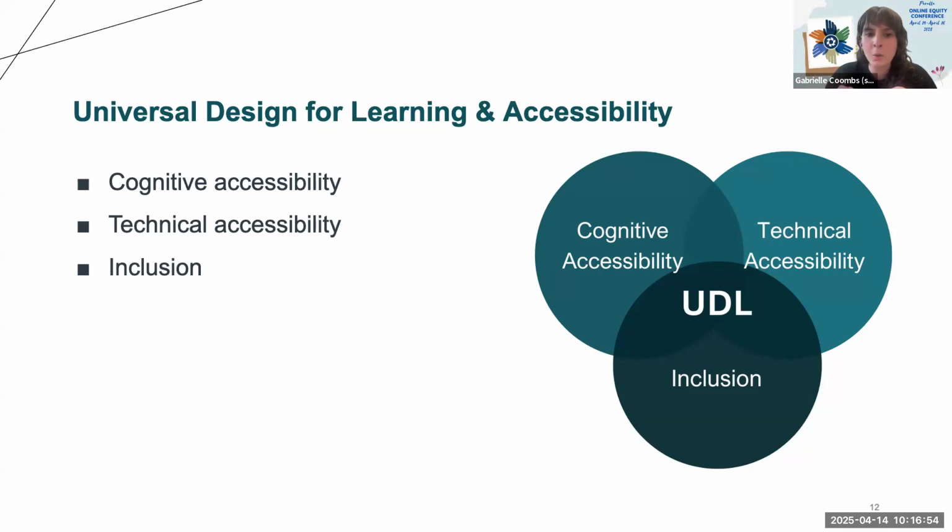We'll get into all of this in more detail in a moment. But the idea here is that we're trying to ensure that students are able to engage and perceive content in multiple ways. And finally, from an inclusion standpoint, can we choose visuals, select images that are going to reflect the diversity that exists in our classrooms, and select icons that are going to be understood by all students?